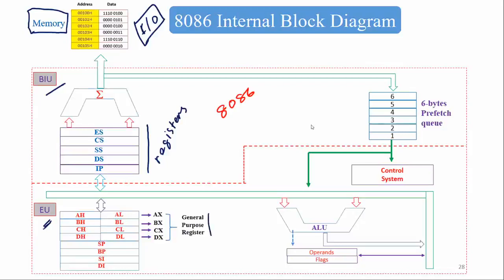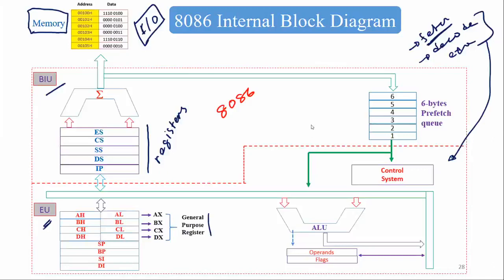So what does the BIU do? The CPU's work is fetch, decode, and what is the third one? Execute. The decode and execute part is here. Yes, sir. This fetch portion is done by your BIU. So basically, the BIU fetches the data from the memory, and input-output, but for the time being we just learn about memory.